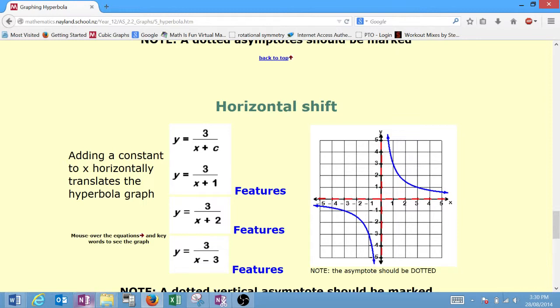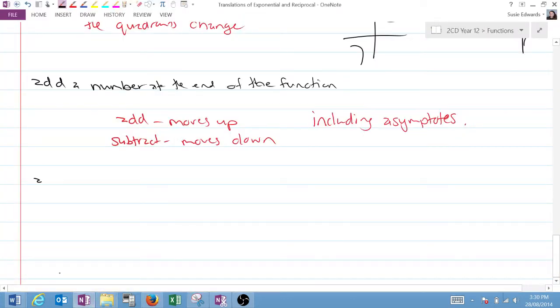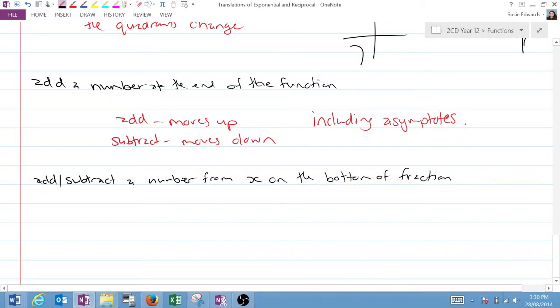So if we add or subtract a number from x on the bottom of the fraction, it's a bit like having brackets.